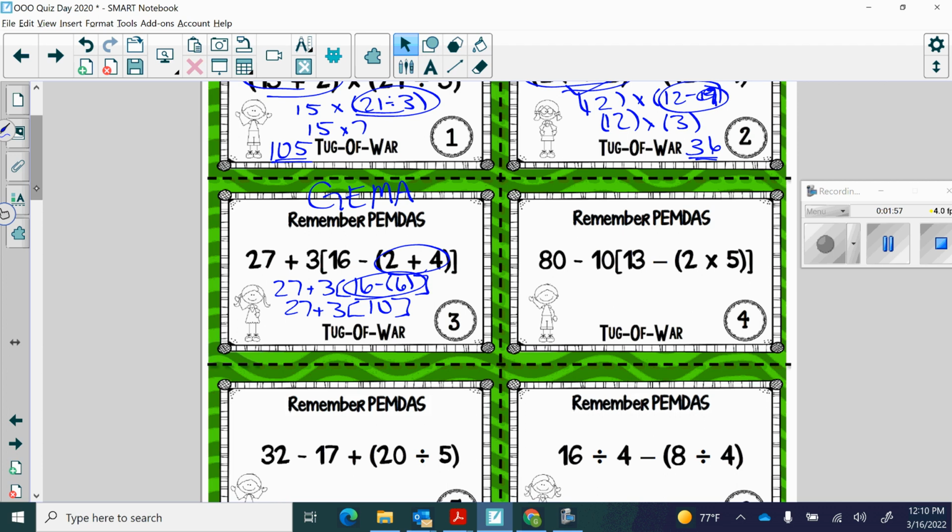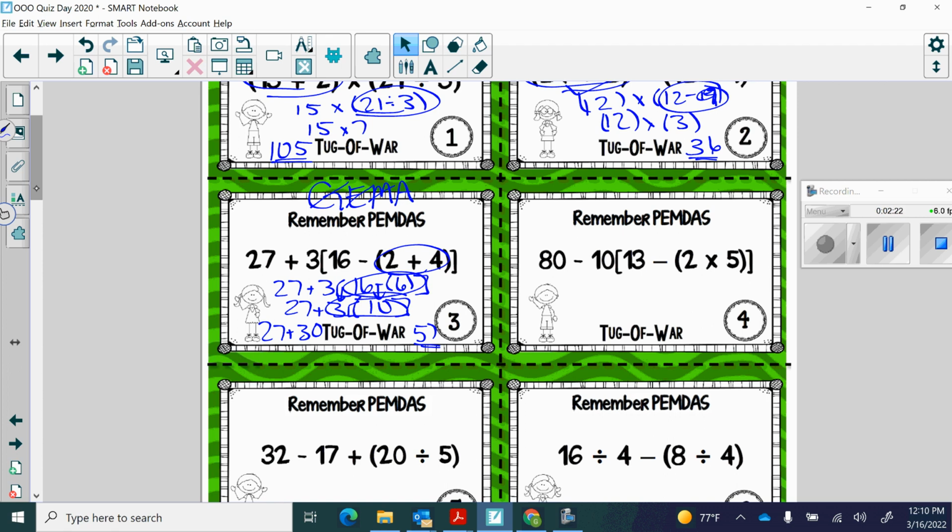So now, even though this is a bracket, it acts the same as a parentheses. If I have a number, a bracket, and another number, what operation is that? Multiplication. So the groupings are done, no exponents, but this multiplication is now my next step. So it's going to be 27 plus 30 gives me a total of 57.